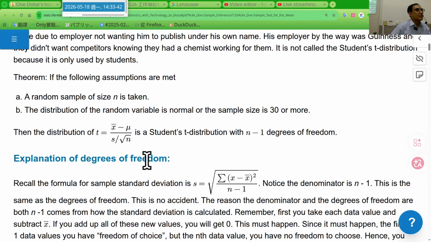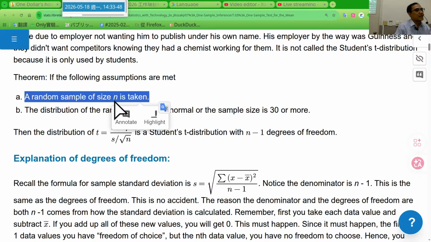Let's review again. We need to know a random sample of n is taken, maybe 20, maybe 30. In a previous chapter, we learned that if the sample number is greater than or equal to 30, that would be big enough, and it can represent the population.